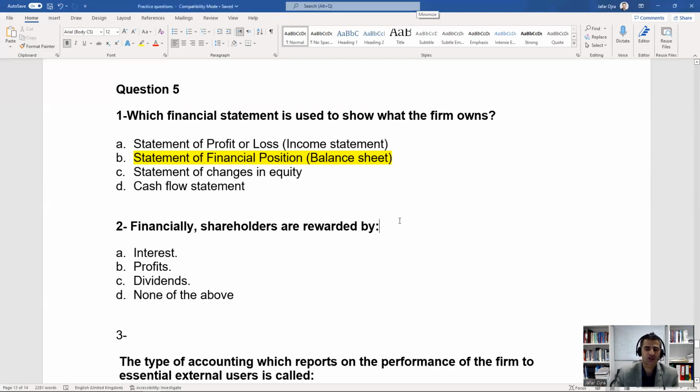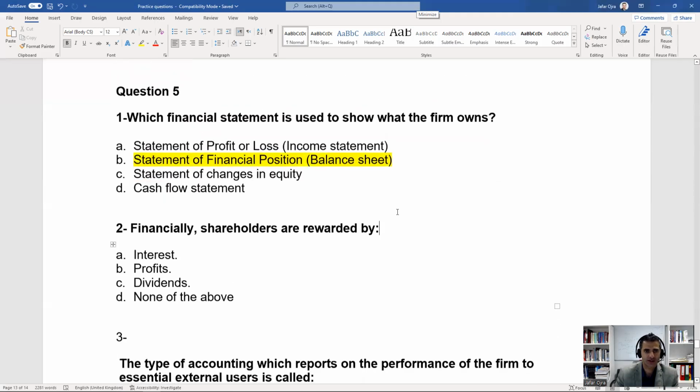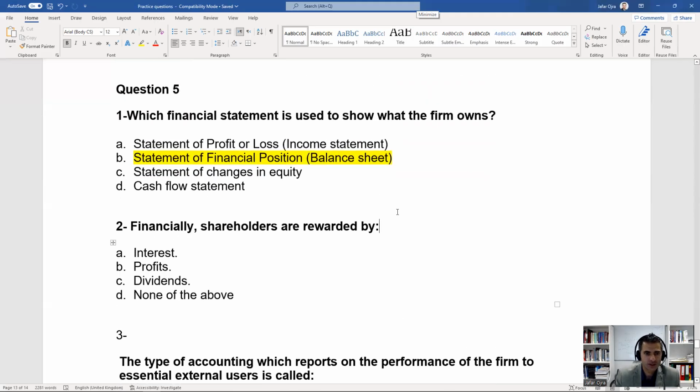It shows the total assets, total liabilities, and also the equity. That's important to understand. So question 5, number 1 is B.